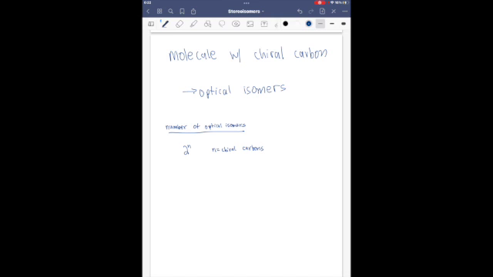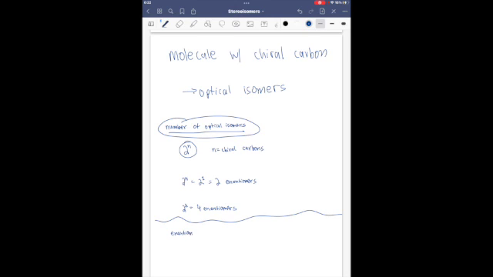So if you have just one chiral carbon, 2 to the power of 1 equals 2 enantiomers. That would be the most basic case. If you had 2 chiral carbons, you would have 4 possible enantiomers. So to figure out the number of optical isomers, you can use this formula, 2 to the power of n. Other important things to know.